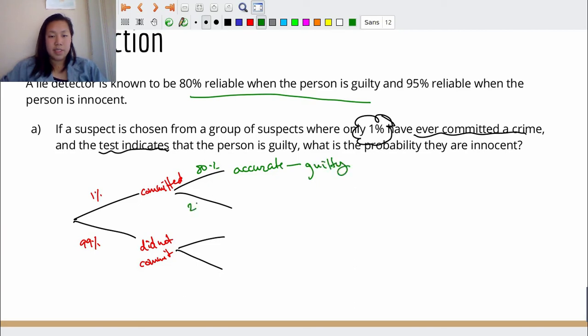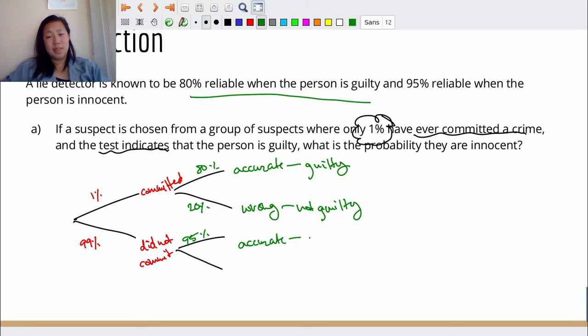Then there's 20% wrong, not guilty. And here is 95% reliable when the person is innocent, so 95% accurate, the lie detector test would say not guilty. And then 5% wrong, and it would say guilty, which is a false positive, right?